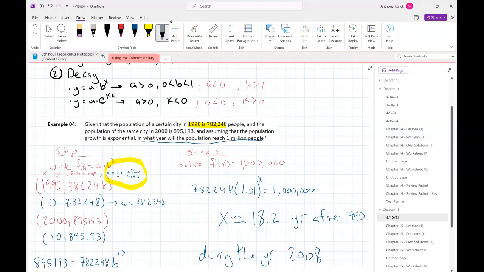Now, the way this question is phrased at the end matters. What if it asked, in the beginning of what year will the population exceed 1,000,000? What would we answer to that?